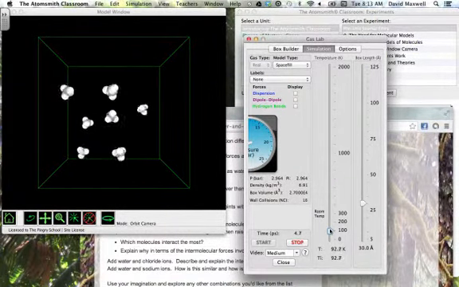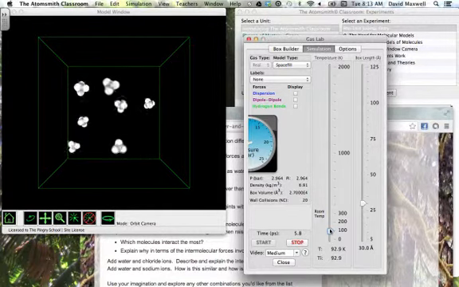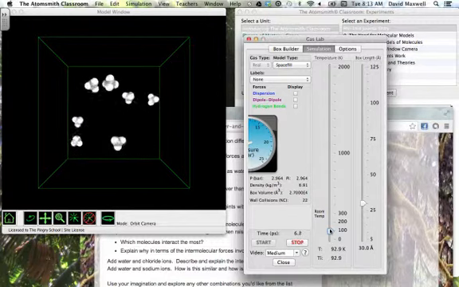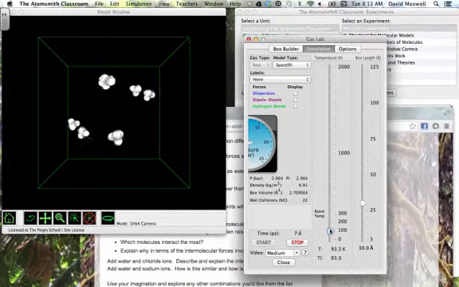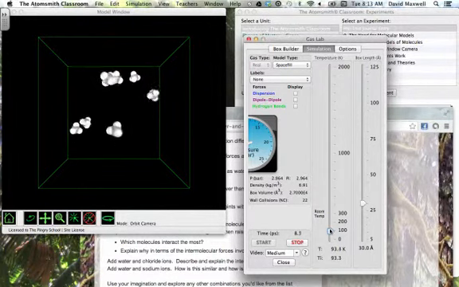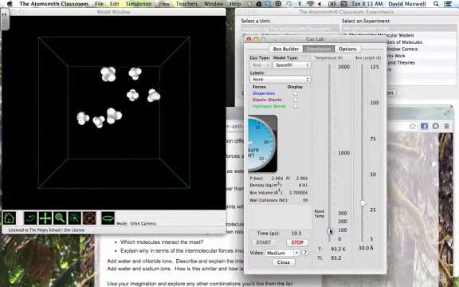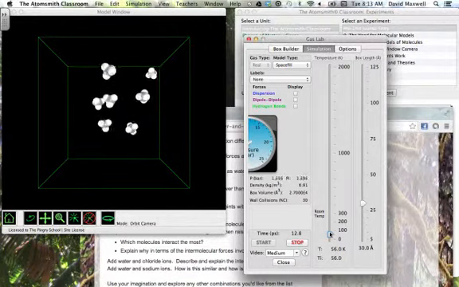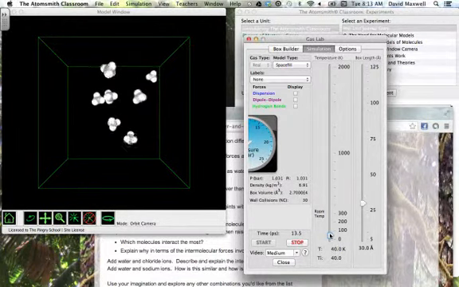We're below 100 K. We're at about 90 Kelvin here, and hopefully you can see, even at 90 Kelvin, these guys don't seem to stick together. And we bring it down even lower.